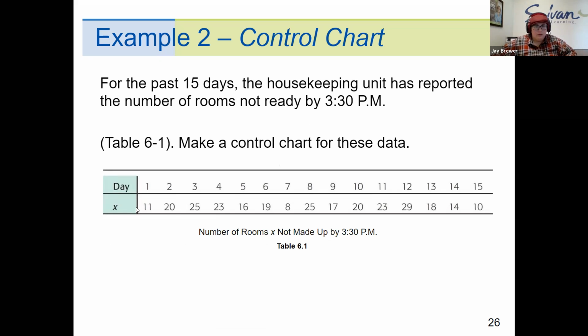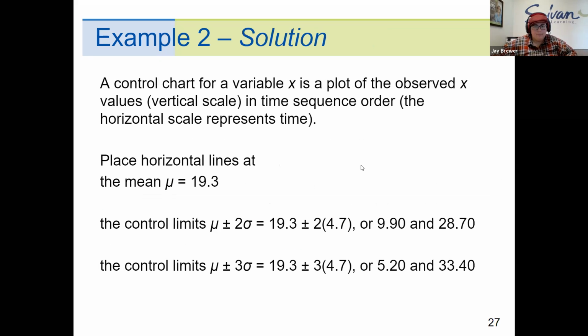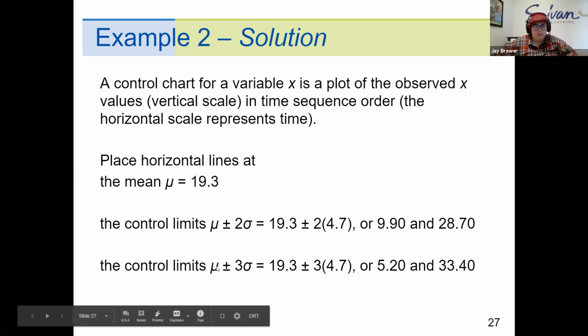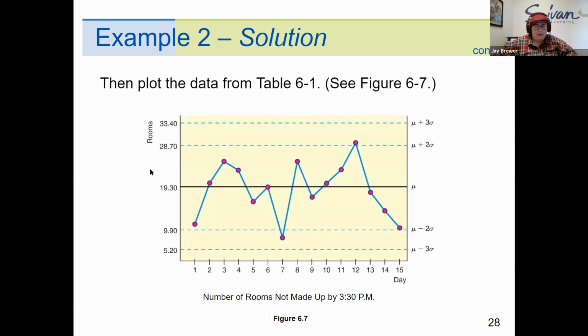Then there was a whole bunch of information that helps you gather this up. Then you have to figure out your mu plus or minus 2 sigma and your mu plus or minus 3 sigma. And there you have your control chart diagram.